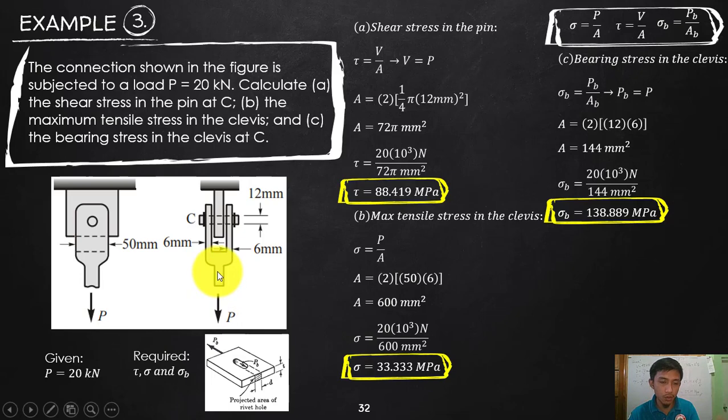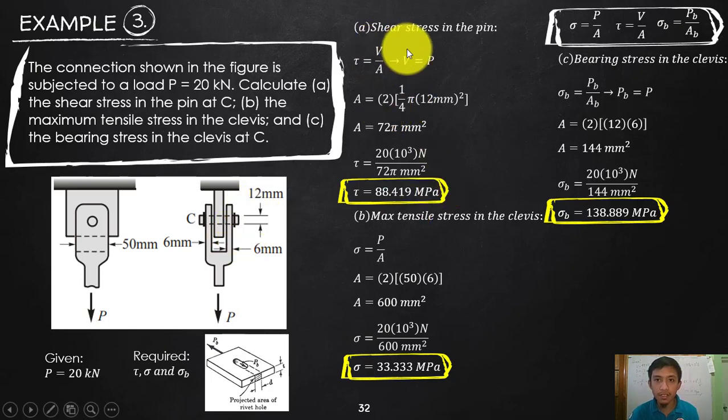Just like what we did before, this is load P, and the area that will fail within the pin is the cross section, which is perpendicular to the force P. So what is the area? Of course, that is the area of a circle, based on the diameter of the pin.